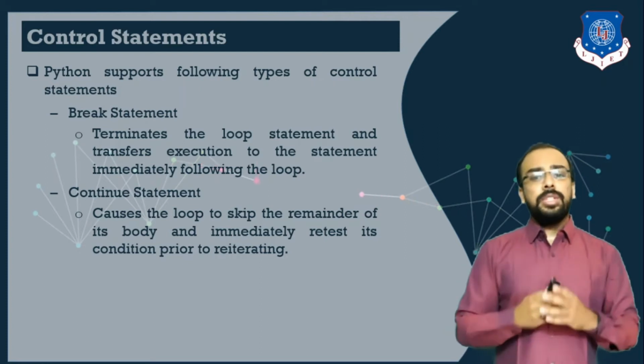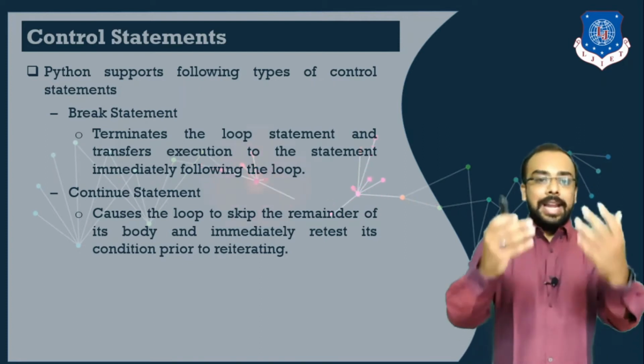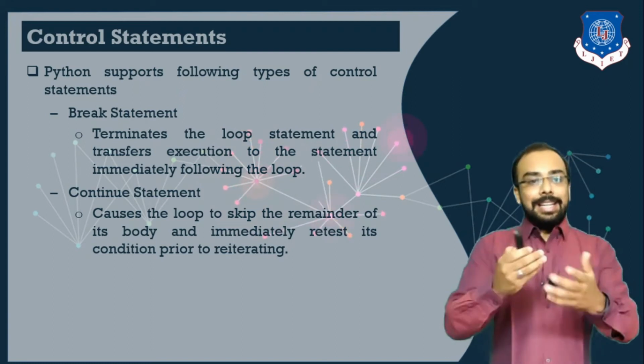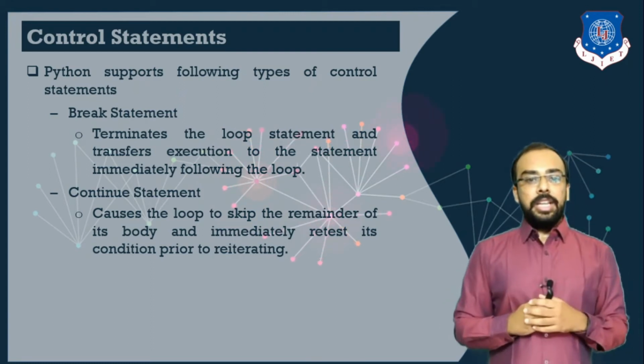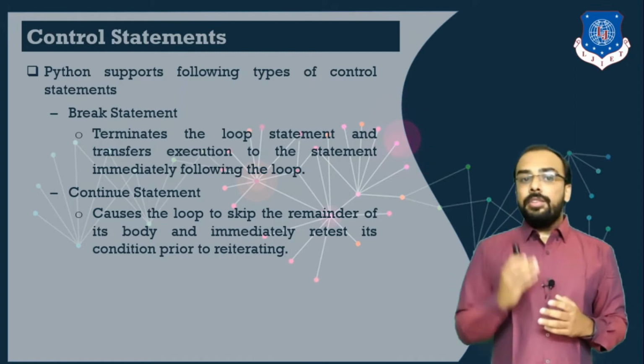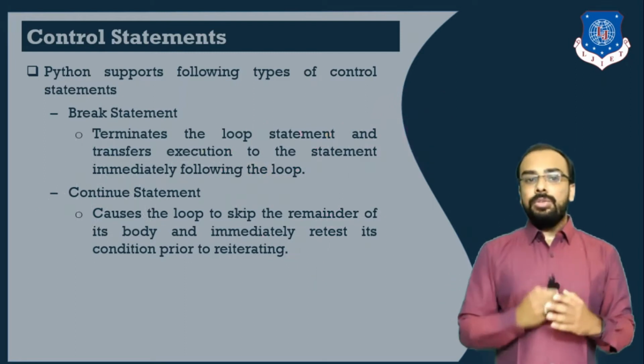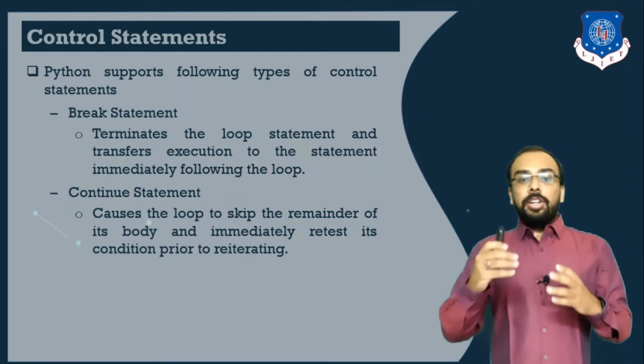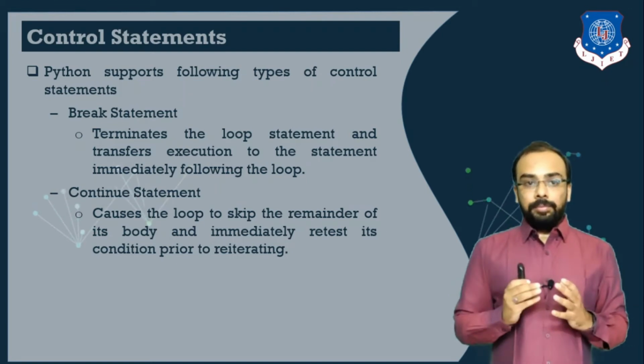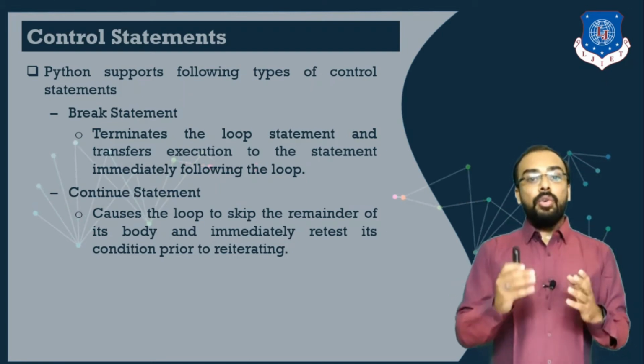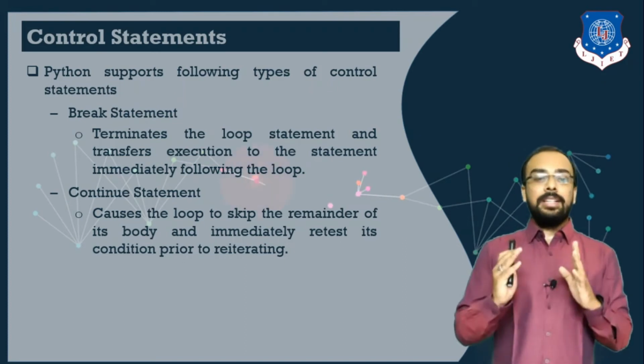If you want to skip any particular iteration, then in that situation we have to use the continue statement. What is the major difference between the break statement and the continue statement? The break statement will terminate your entire loop, whereas in the case of continue, only the current iteration will get skipped.